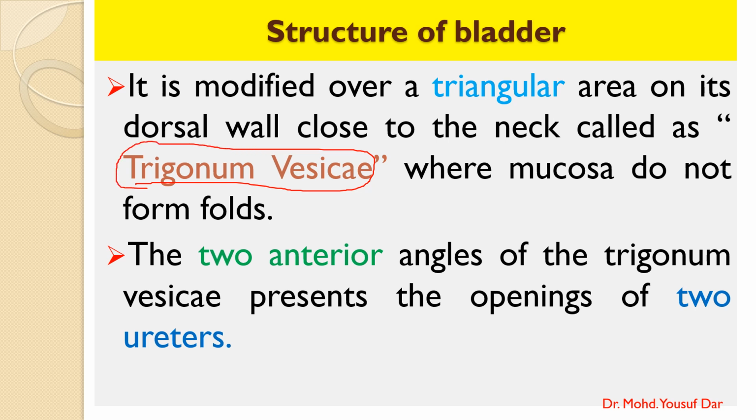That is known as the trigonum vesicae. This trigonum vesicae has 3 angles. The 2 anterior angles represent the openings of the 2 ureters.